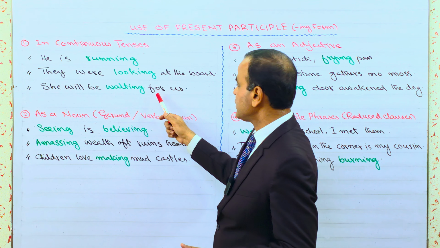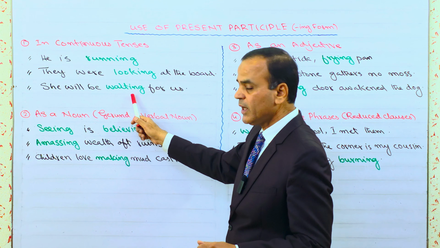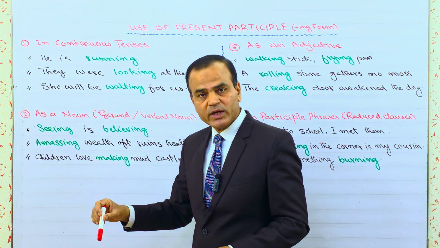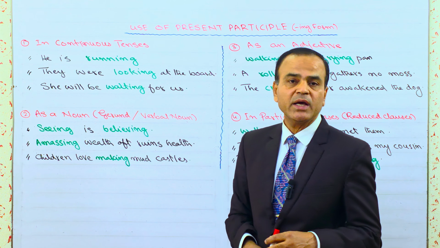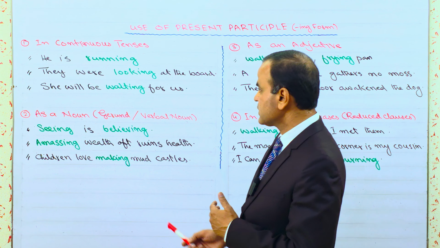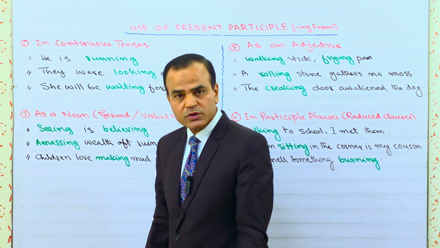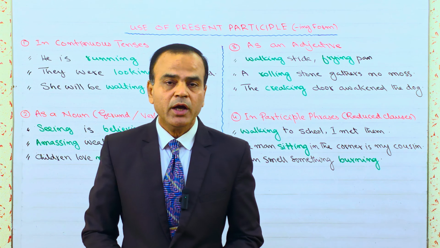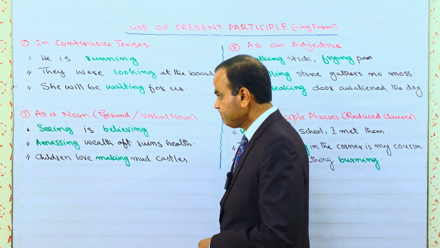She'll be waiting for us. Here, wait, waited, waited, and waiting. The ing form is used to make the future continuous tense with the help of will be plus the ing form. So this is the very basic and most common use of the ing form of the verb.